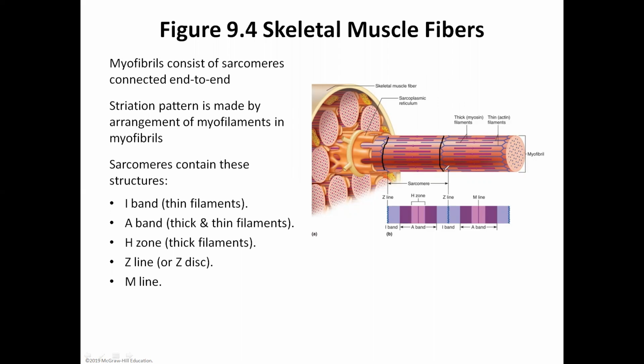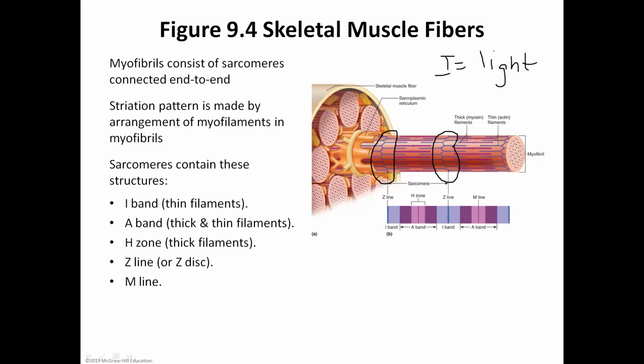The Z line is composed of the thin filament actin. And if we were looking at bands, this lighter area that only has actin is what we call the I band or the light band. So I band is the light band, and that should make sense because light has an I.